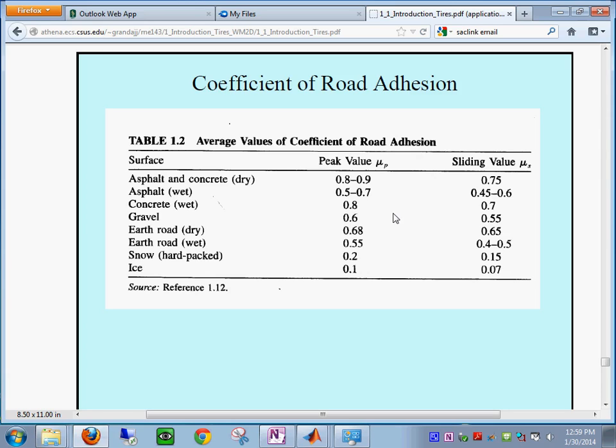For asphalt concrete it is 0.75. So whenever we can get a coefficient of friction above 0.6 or 0.7, we're doing really good. If the surface is wet asphalt, it goes from 0.5 to 0.7.